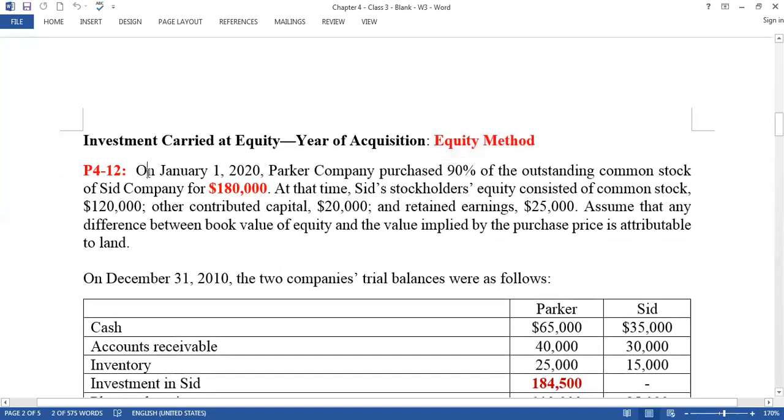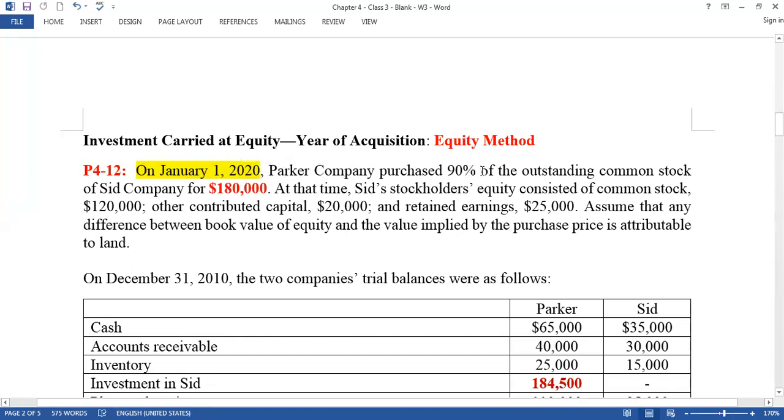So this is the question. On January 1st, 2020, the Parker company purchased 90% of the outstanding common stock of Seed company for $180,000. So the date is January 1st, 2020, and the parent company is the Parker company, which acquired 90%.